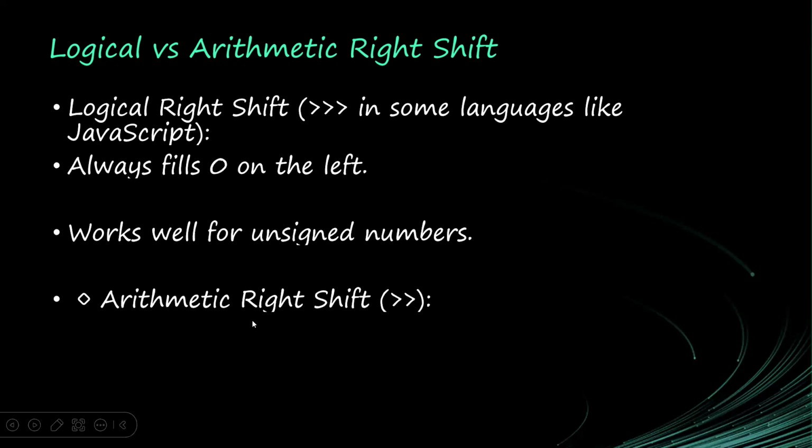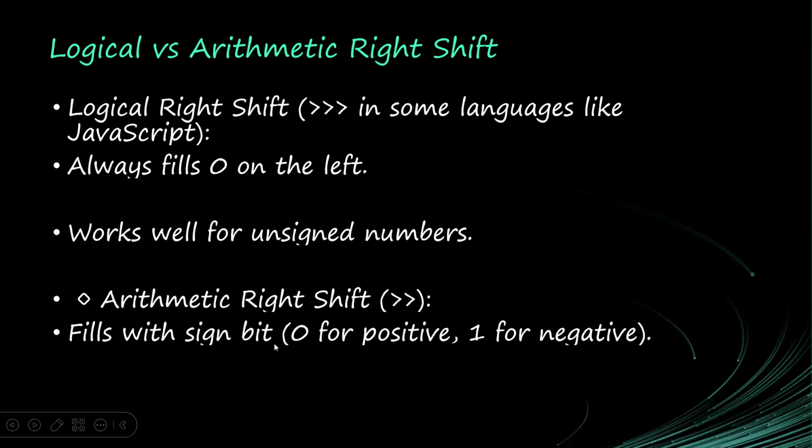For the arithmetic right shift, which has just 2 arrows, this one fills with the sign bit. If the sign bit is 0, it will fill it with 0. If it is 1, it will fill it with 1. So understand the difference. I want you to rewatch this video. If you don't grab it at first, make sure you watch these videos 2 times.